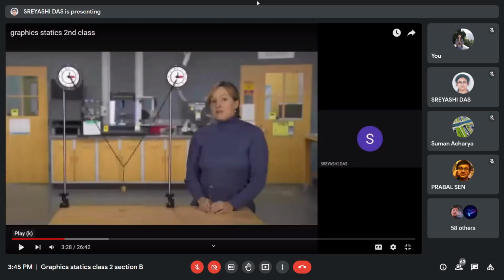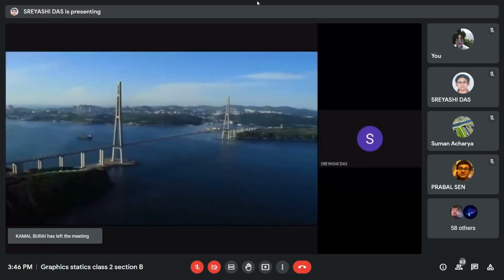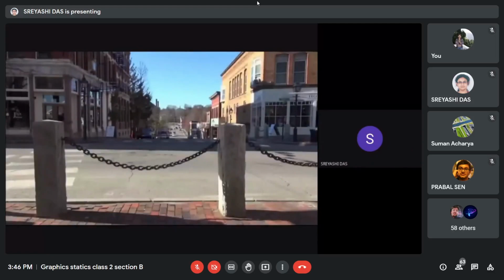Examples of funicular forms around us: suspension bridges, cable stay bridges, any type of bridge with a cable system, hanging chains, spider webs, those are all funicular forms.